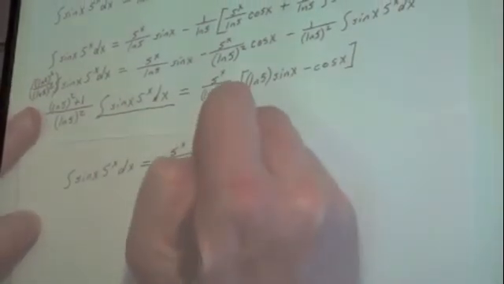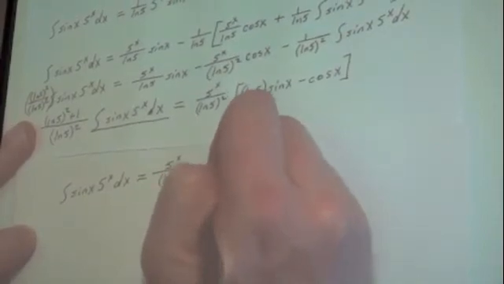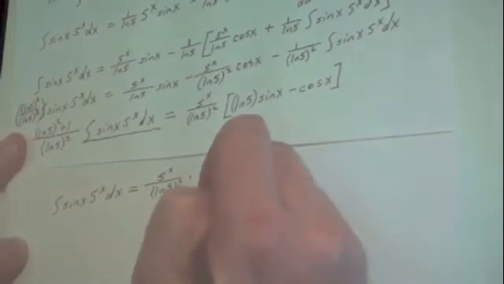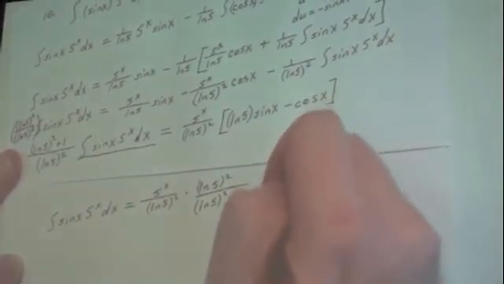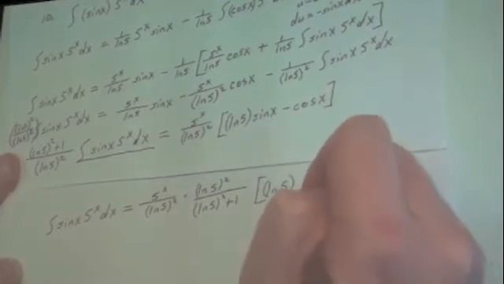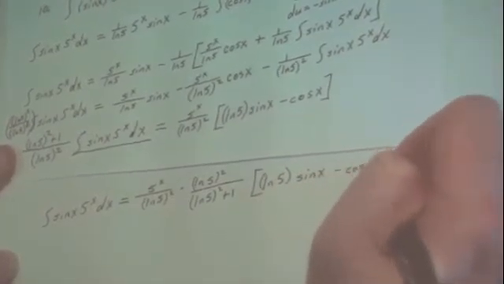I'll go ahead and say times the reciprocal of this side. Oh, this is gorgeous. The natural log of 5 quantity squared over the natural log of 5 quantity squared plus 1, times this group, natural log of 5 times the sine of x minus cosine x.